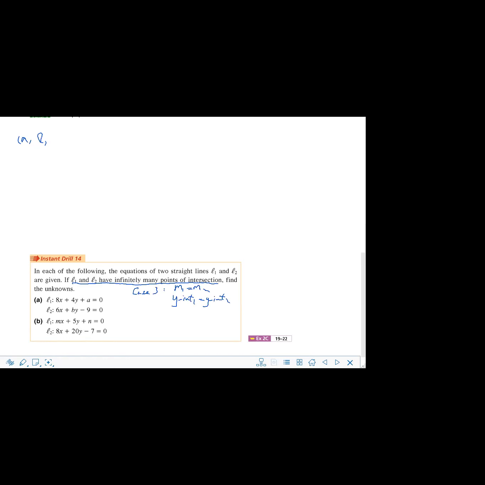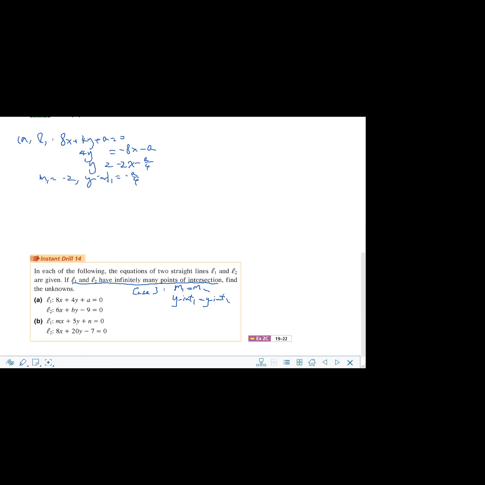And so for L1, we have 8x plus 4y plus a equals 0. Making y the subject, y will be negative 2x minus a over 4. So m1 is equal to negative 2, and y-int 1 is equal to negative a over 4.